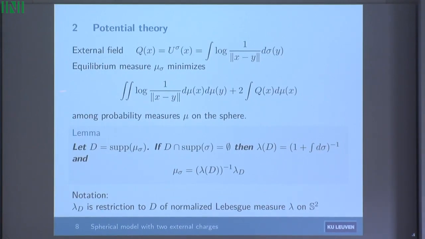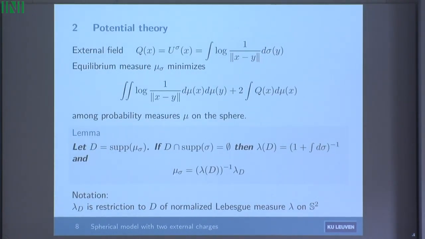Given that you know the droplet, you can write down the measure. It's lambda sub D. Lambda is my notation for the normalized Lebesgue measure on the unit sphere, and lambda sub D means restriction of the normalized Lebesgue measure to the droplet D. If you take that Lebesgue measure on D, normalize it to be a probability measure, then that will be mu sigma, the equilibrium measure.